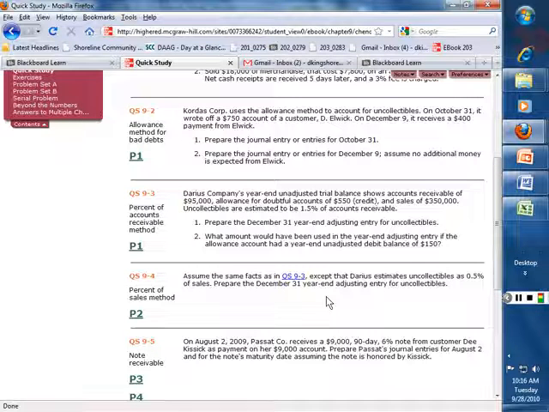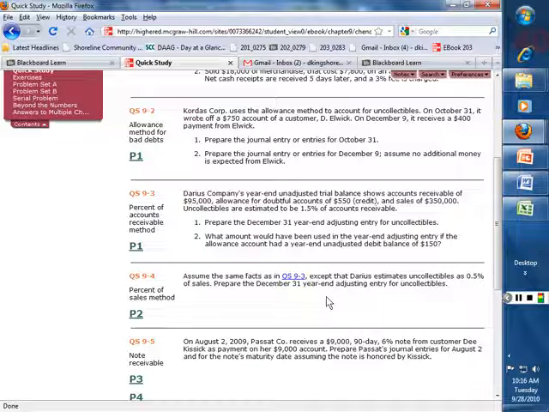Now, this is the question all students miss most often. What they do is successfully multiply 0.005 times the $350,000, and then they go back and reduce it by the credit balance in the allowance account. Whoops. No, we don't do that. We can't see that account balance. Remember, we're standing on the income statement, got a brick wall, we don't care, we can't see.